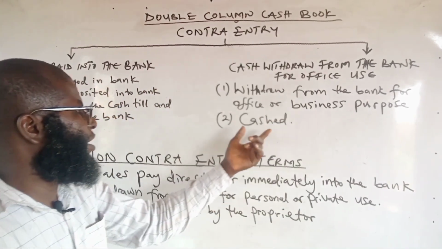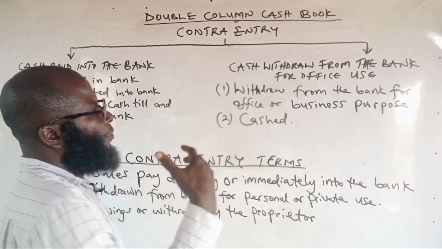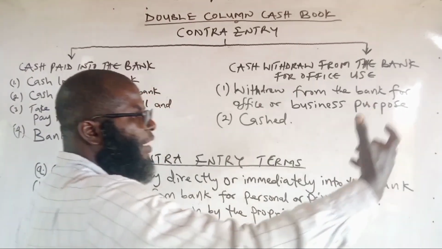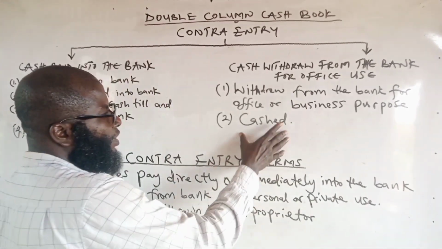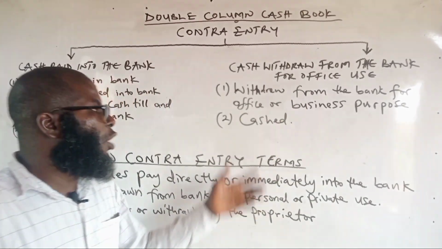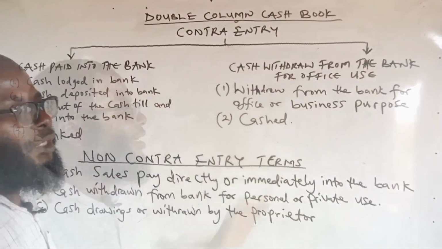Then you can also have it as "cashed", meaning that cash was withdrawn from the bank into the office. This is a passive voice. Anytime you come across this, this is what they are referring to.